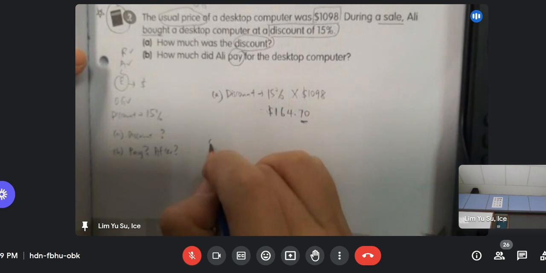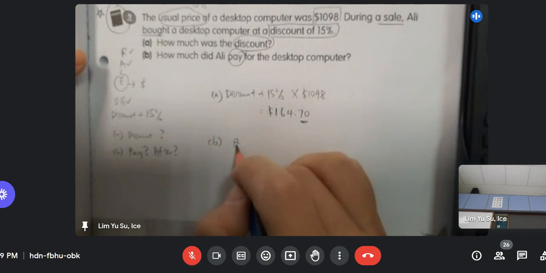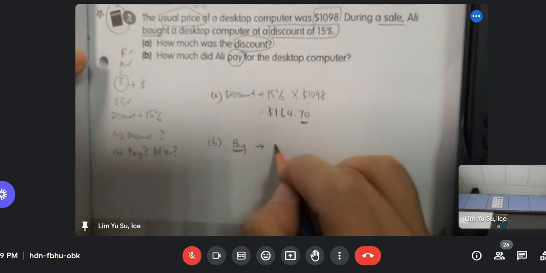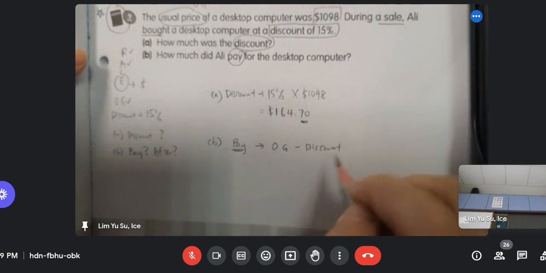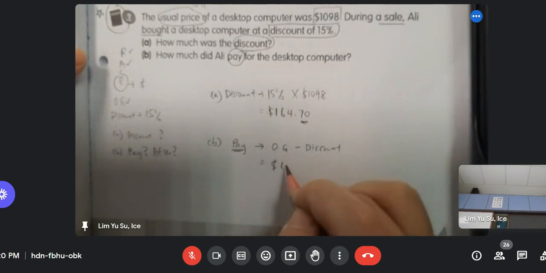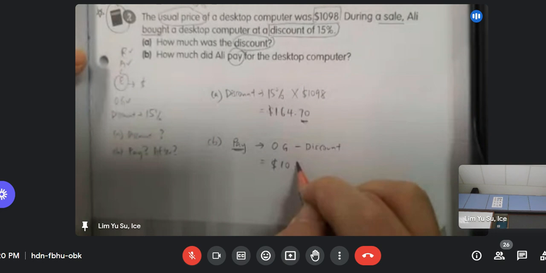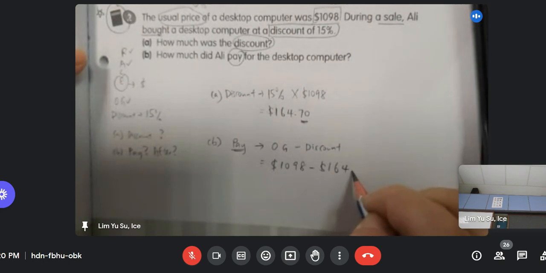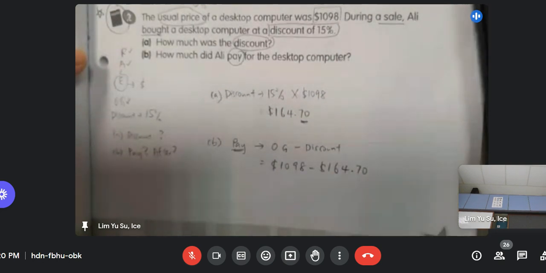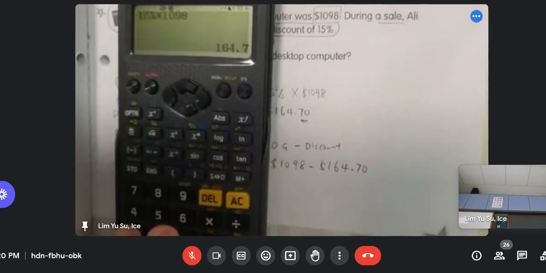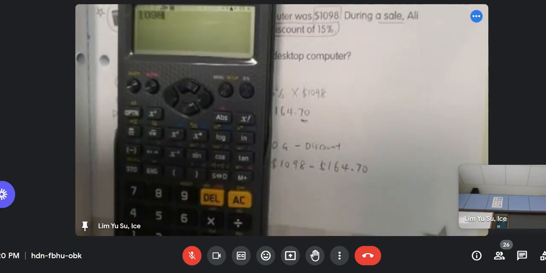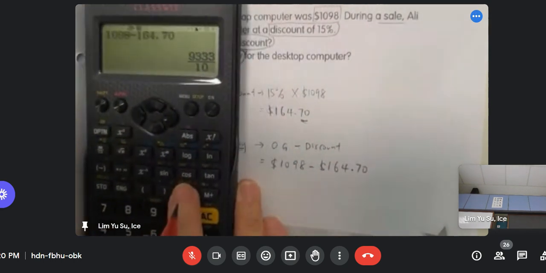Okay, let's see the actual amount that he has to pay: original price minus the discount. That will be $1,098 minus $164.70. Again, my calculator for this question, 1098 minus 164.70.